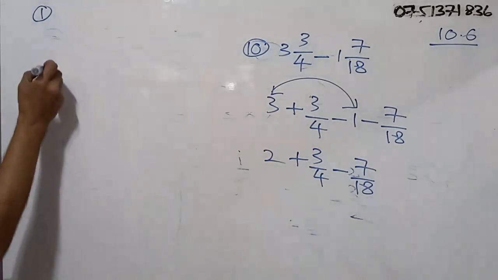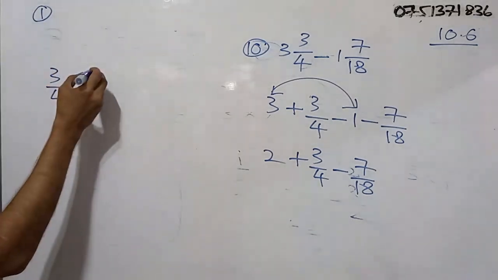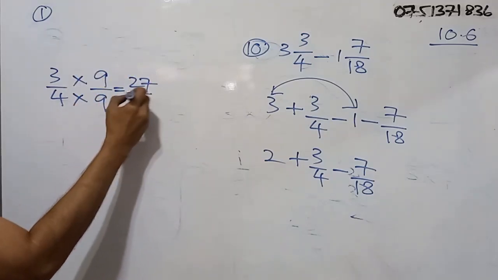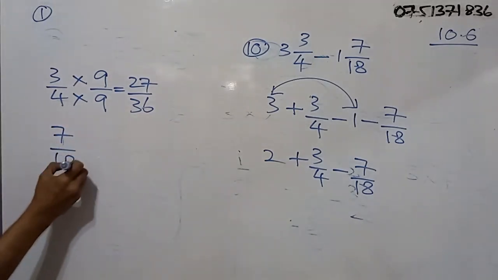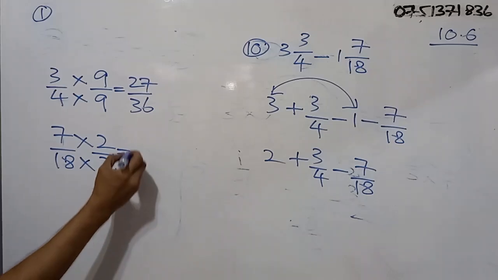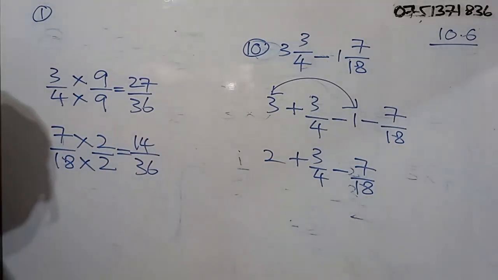Right? So 3 by 4, I will multiply both numerator and the denominator by 9. So this becomes 27 by 36. 7 by 18, I will multiply both denominator and numerator by 2. So this becomes 14 by 36. Right?